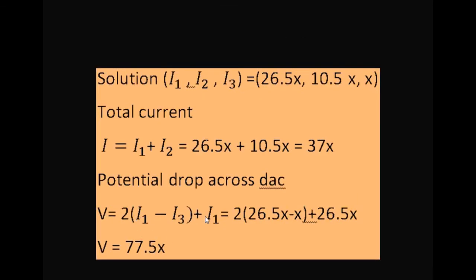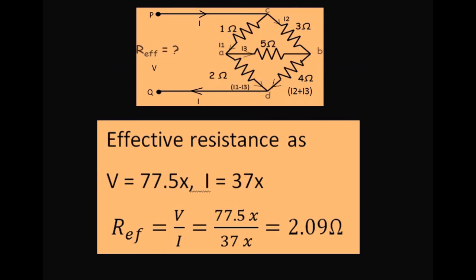2 times I1 minus I3 plus I1 is equal to 2 times 26.5x minus x plus 26.5x. If you work it out, you will get V is equal to 77.5x. So the I value we got is 37x, and the V value we got is 77.5x.